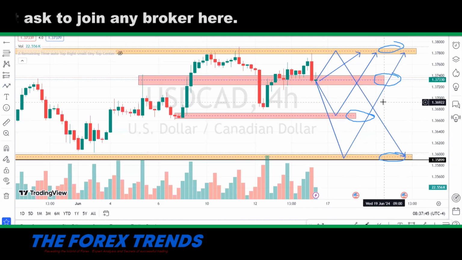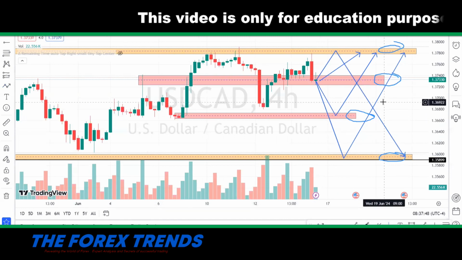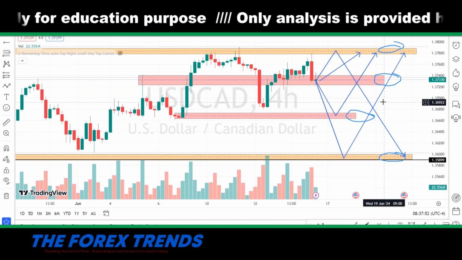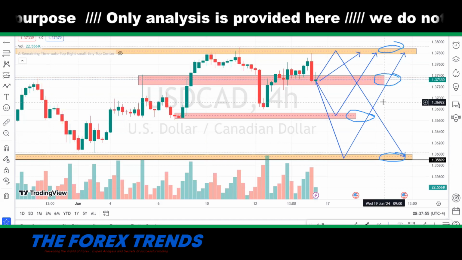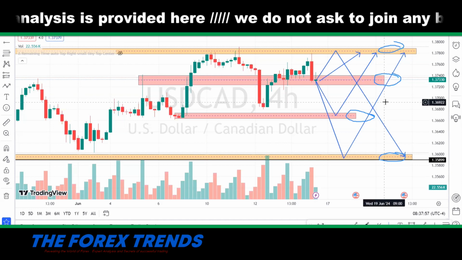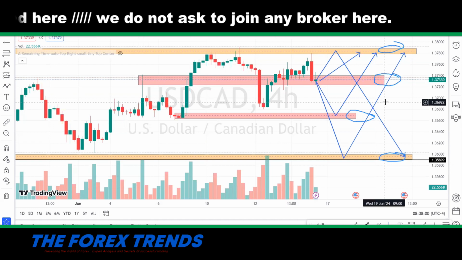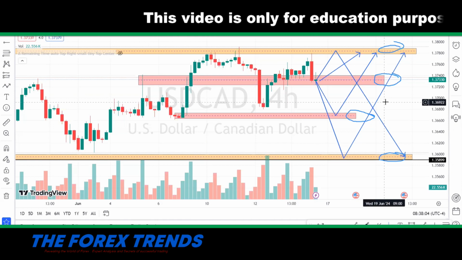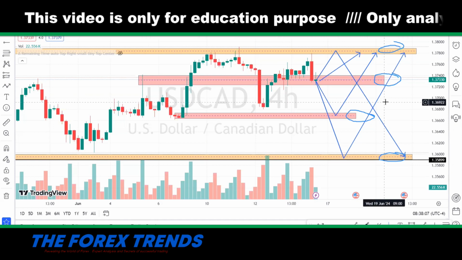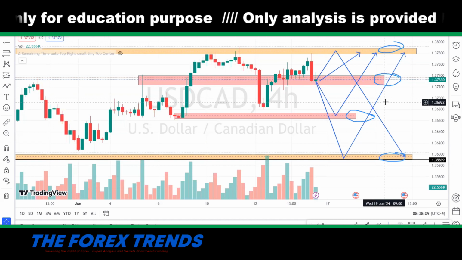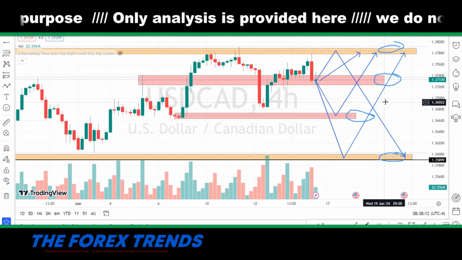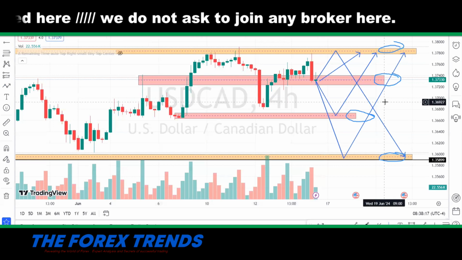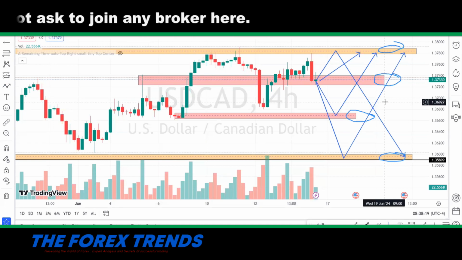So there are three zones in USD CAD for initiating buy and sell. And dear friends, before initiating any position, please wait for the evidence. Whenever market approaches your zones, watch the market properly and wait for the evidence. Whenever you get the evidence, don't be afraid to take any position. Then go for trade. Okay, that's all for major pairs.